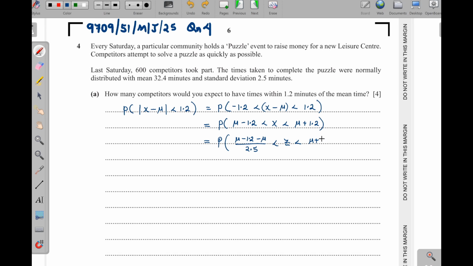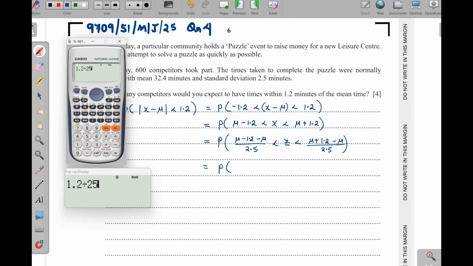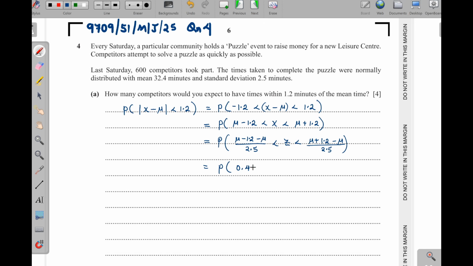So this one is going to be the mean, then plus the 1.2, then minus the mean, then out of the 2.5, sorry. Now mean disappears, of course, and then 1.2 divided by 2.5, you get 0.48. So 0.48. Here it is a negative, and then here it is a positive.